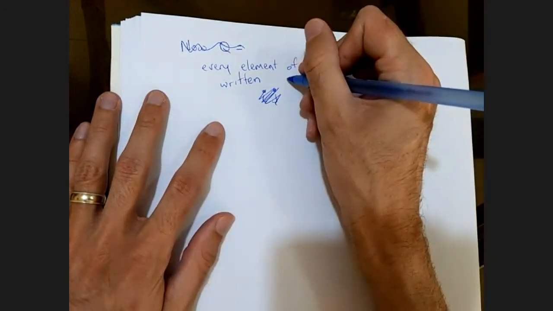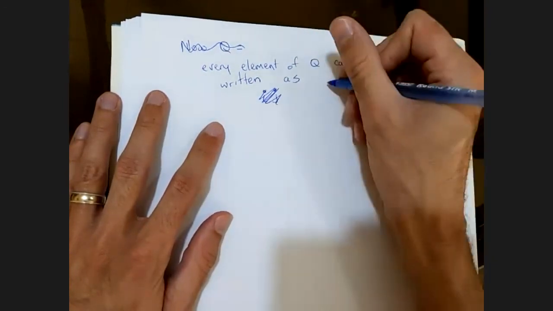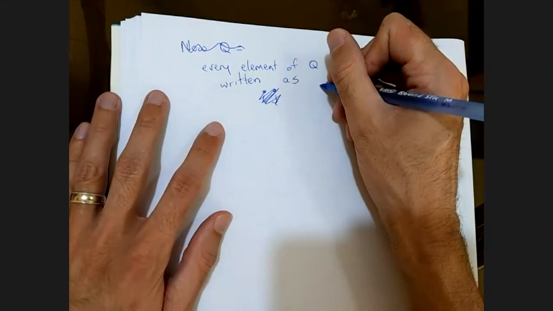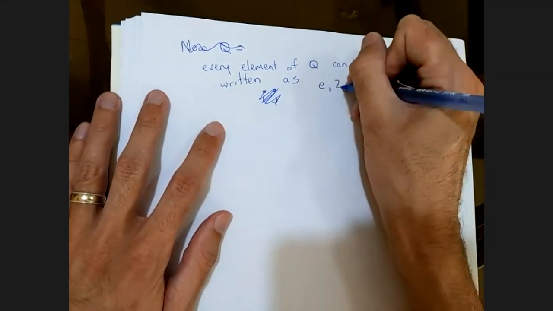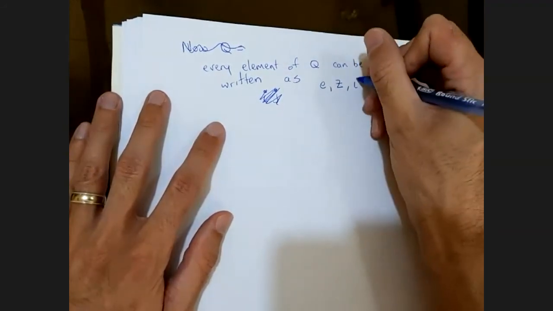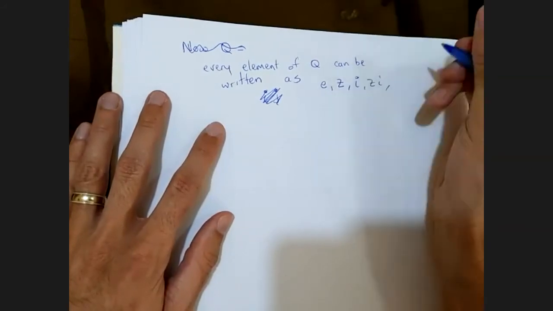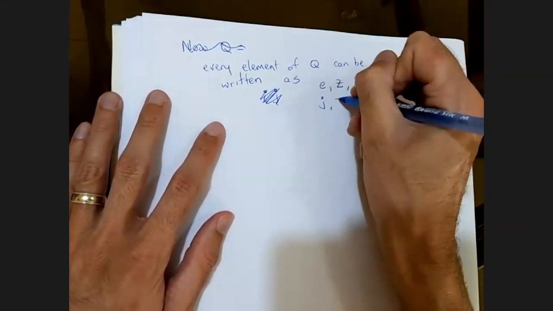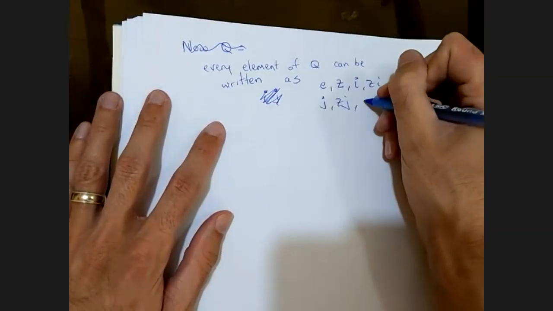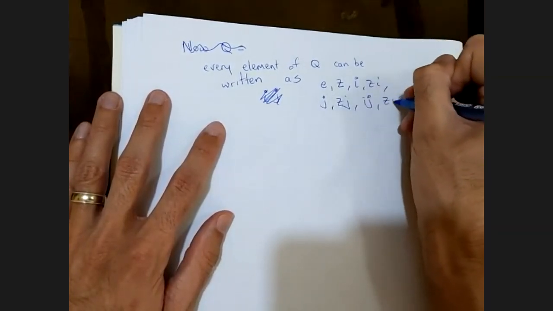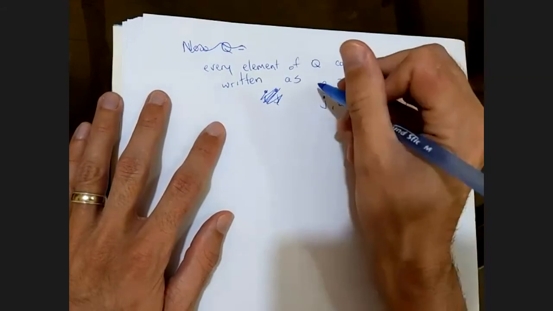Basically what we want to say is we wanted to write it as either E, Z, you have I, ZI, you have J, ZJ, and you have IJ and ZIJ. You just have 8 things.